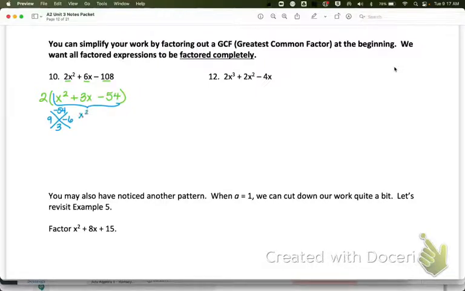So we get x squared plus 9x minus 6x minus 54. Break it up. I can factor out an x, and I get x plus 9. I can factor out a negative 6, and I also get x plus 9. So inside here, I get x plus 9 times x minus 6.